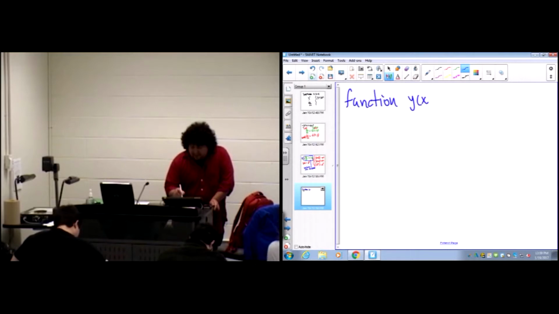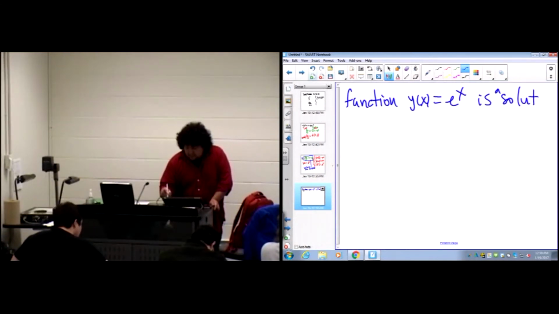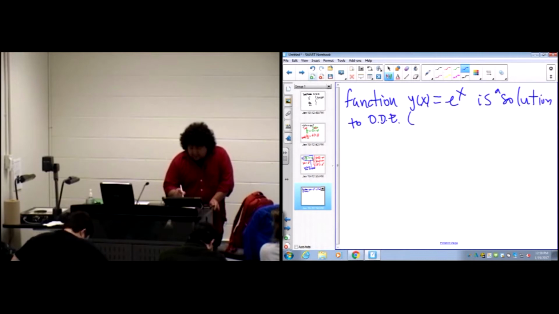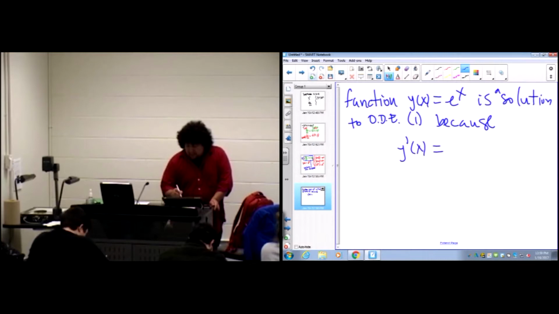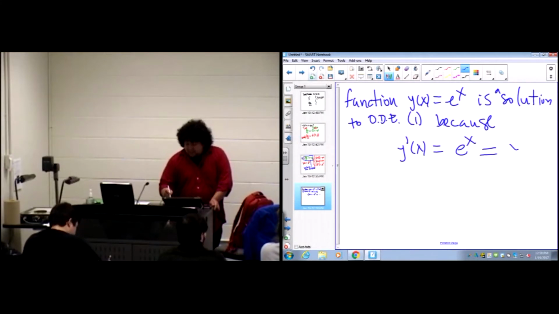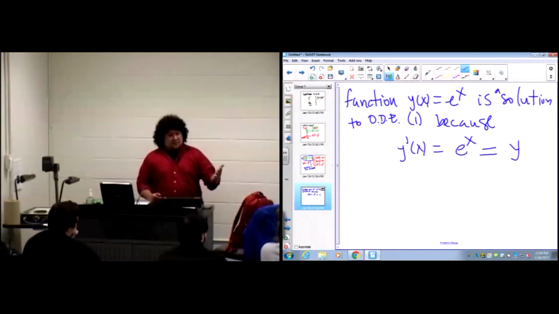So I'm going to say the function y of x equals e to the x is a solution to the ordinary differential equation 1 because when we compute the derivative of y of x, it is e to the x. In other words, e to the x is y.